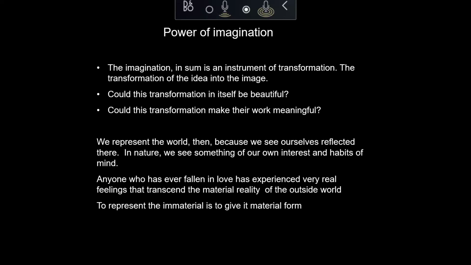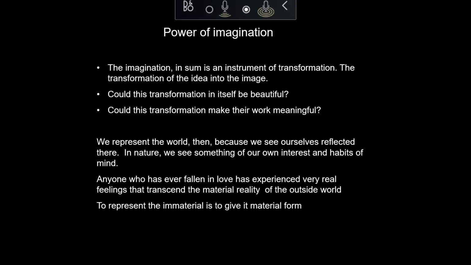And sometimes that transformation can make the artist's work mean something for you. Sometimes it means more than what the artist intends, and sometimes it's not quite what that artist meant for you. But your imagination is what often is filling in the gaps for the artist, right? So we represent the world because we see ourselves reflected there. In nature, we see something of our own interest and habits of mind. Now, take, for example, anyone who's ever fallen in love.